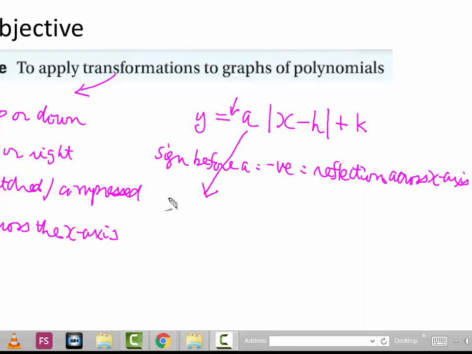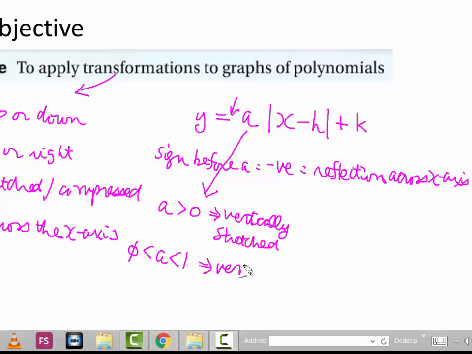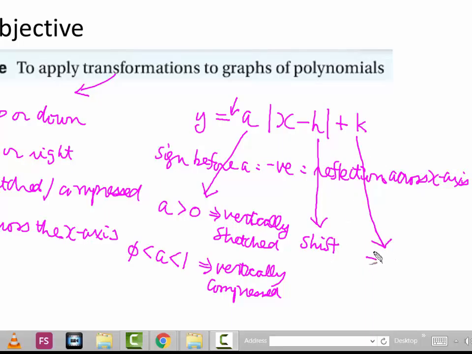For a, if the absolute value of a is bigger than 1, we have vertically stretch. And if it's between 0 and 1, we have vertically compressed. And for h, the value of h controls the shift to the left or right, and k controls the movement of translate up or down.